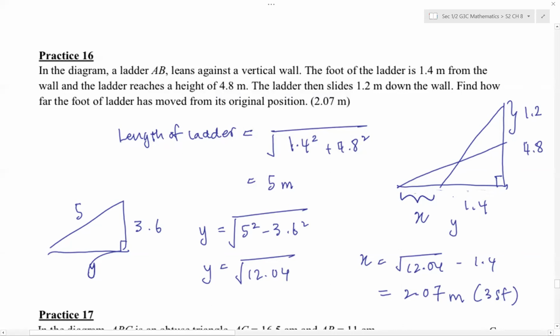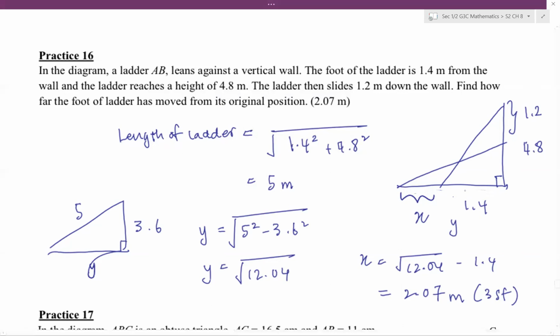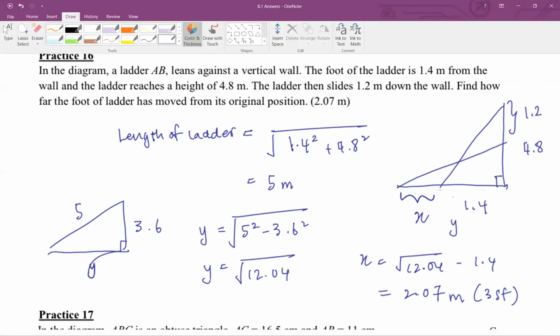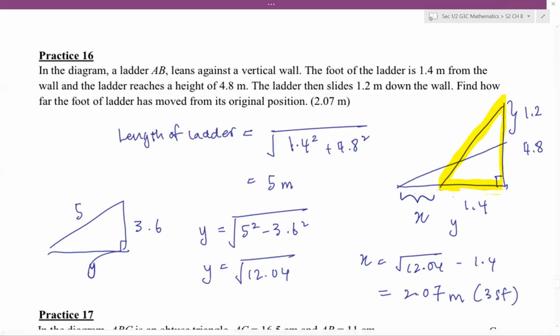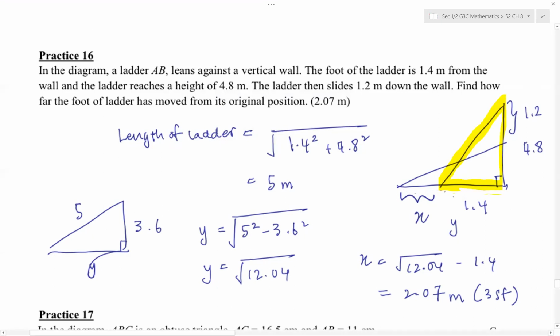Okay, so originally we have this triangle, okay? Right angle triangle again. The base will be 1.4. And it reaches a vertical height of 4.8.